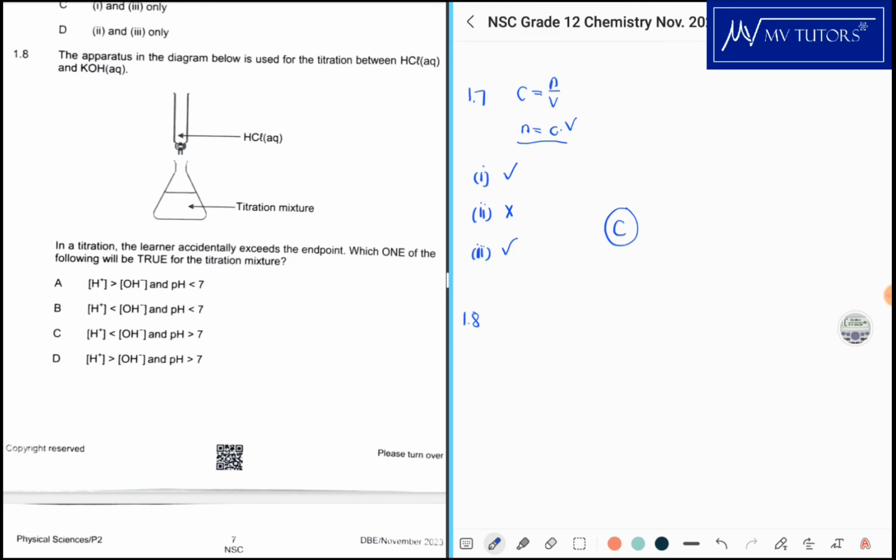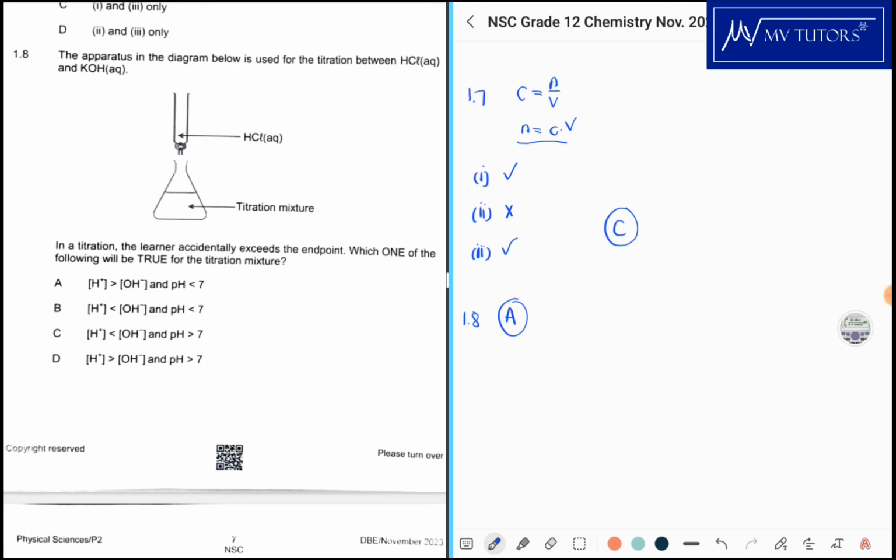If you look at all the options, pH less than 7 is for A and B, but your H plus ions, the concentration of it is more than the concentration of your OH minus, your hydroxyl ions. Okay, so A in this case would be the correct answer.